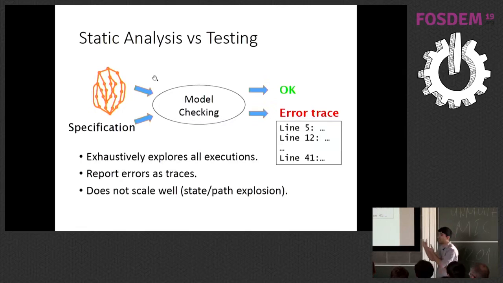After the analysis, we have either okay, there's no bug, or there's a bug and here's a trace, which shows the path of how the error was triggered. It's nice because it explores every single path in your program, but it doesn't scale because we are exploring everything. So these are the advantages and disadvantages. One is fast, but doesn't explore all the paths. One is slow and explores everything.